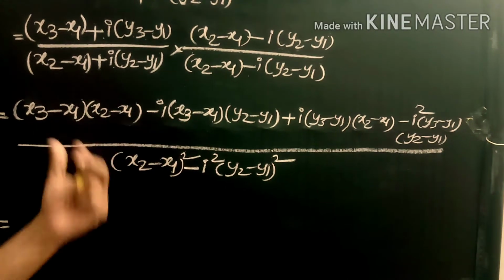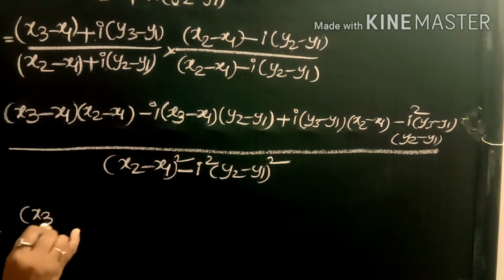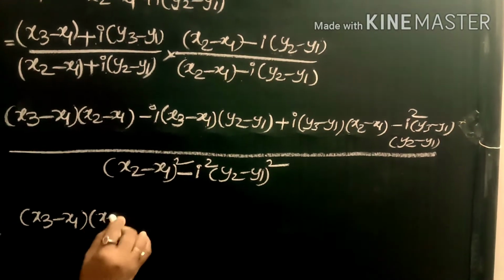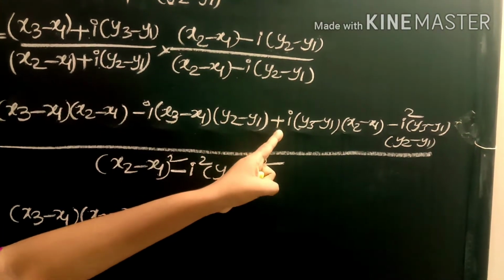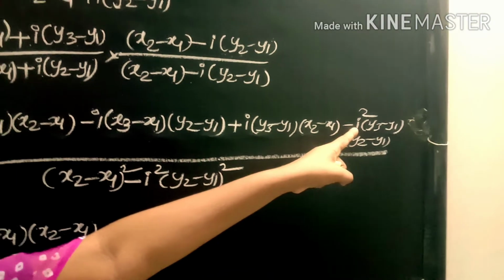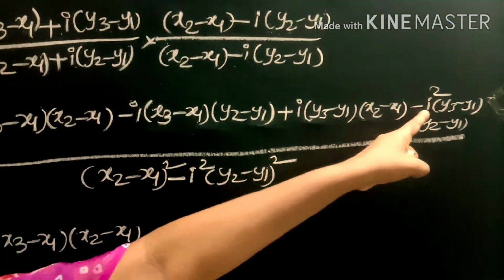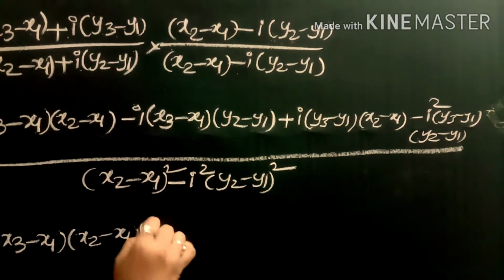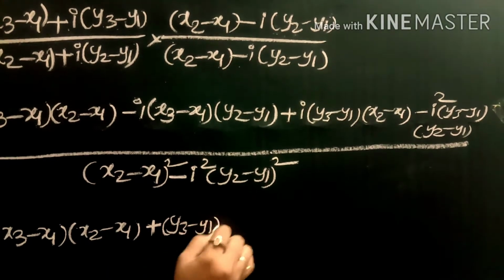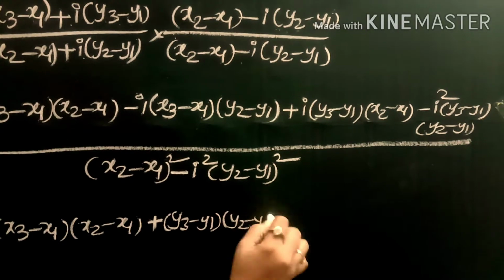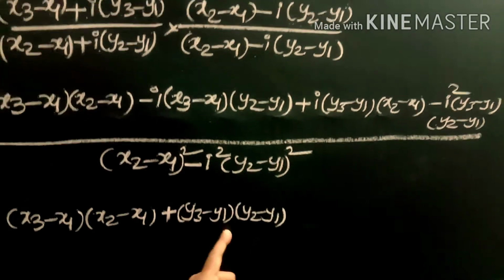now first we write the real part, that is (x3 minus x1) into (x2 minus x1), plus the imaginary part, and this is minus i squared equal to minus 1, minus of minus plus, so the last term is also real part, so plus (y3 minus y1) into (y2 minus y1), first value plus last value, real part plus real part.